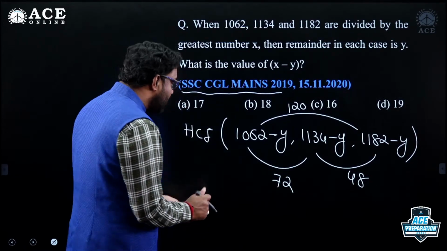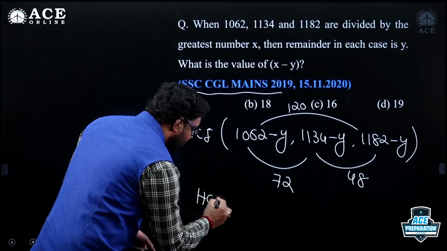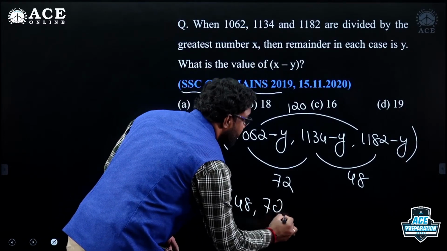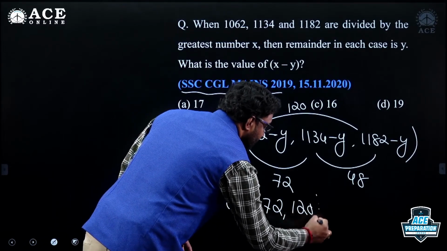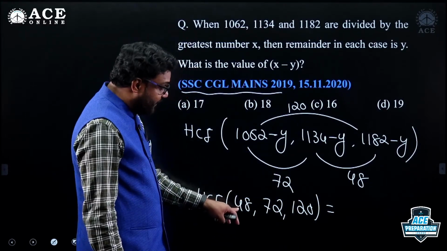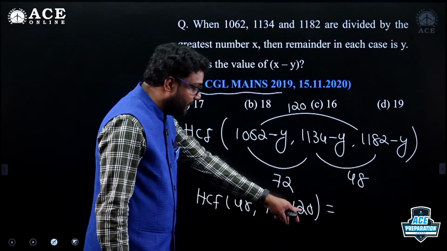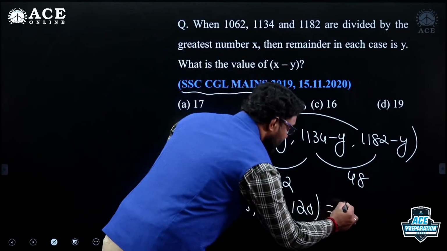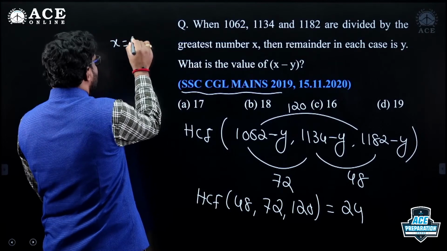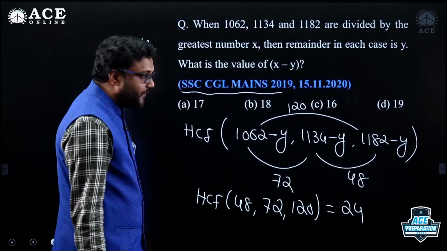As I mentioned clearly, the HCF of the differences is the HCF for the given numbers. HCF of the differences 48, 72 and 120: 24 2 times, 24 3 times, 24 5 times. 24 is the HCF, my dear friends. So x is 24.